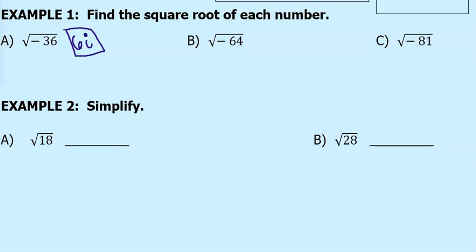On B, we have the square root of -64. The square root of 64 is 8, and the square root of -1 is i, so we have 8i. And then on C, we have the square root of -81, which would be 9i. 9 times 9 is 81, and i times i is -1.